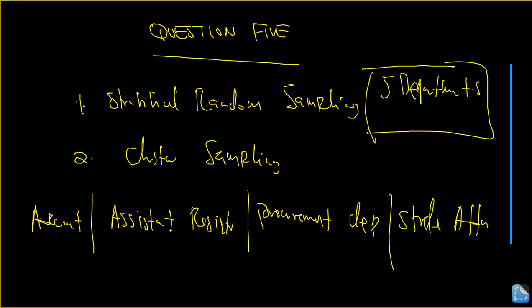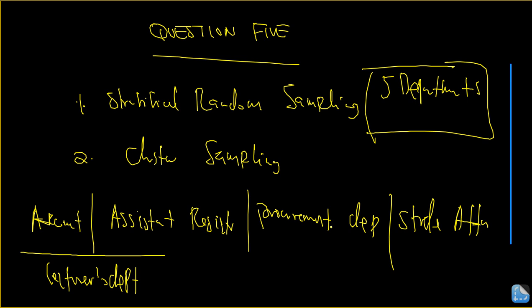So we have 1, 2, 3, 4, and then let's pick the last department: the lecturers department. Let's just pick random names. These are the 5 departments that GSB has, hypothetically.